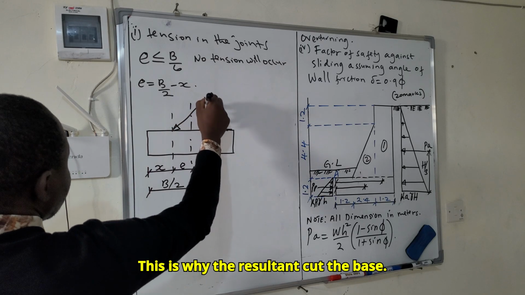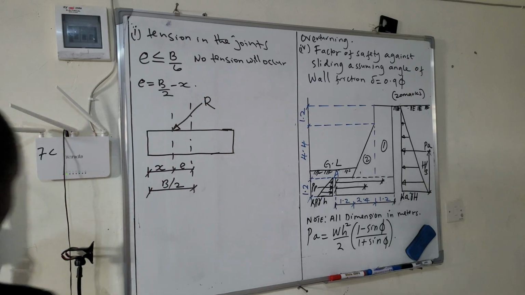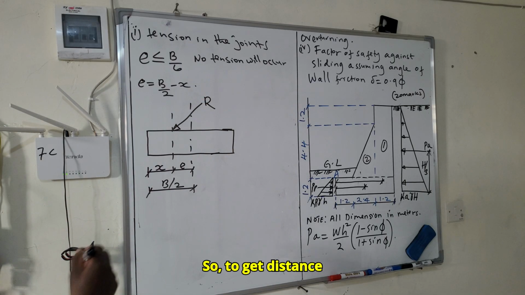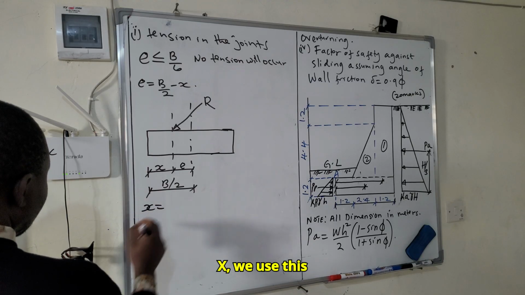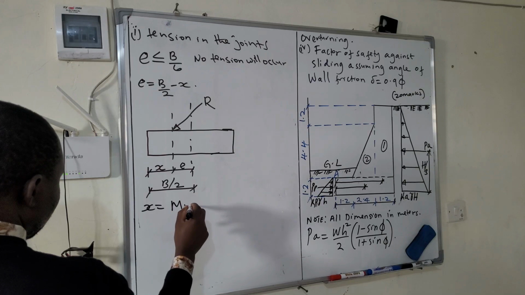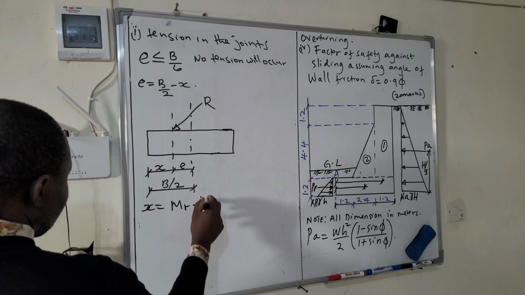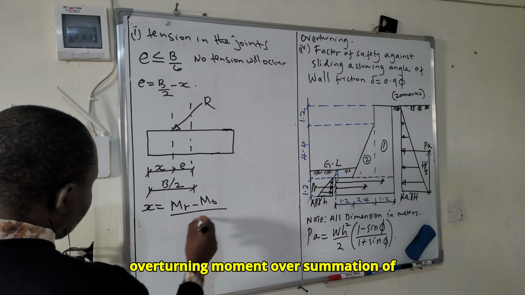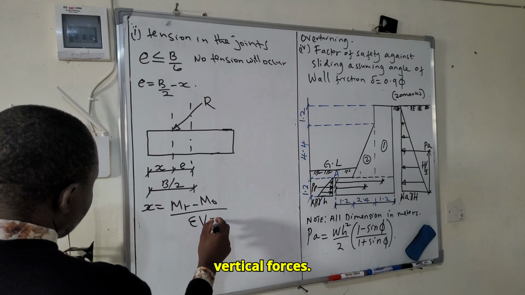This is where the resultant cuts the base. To get distance X, we use this formula: moment of resistance minus overturning moment over summation of vertical forces.